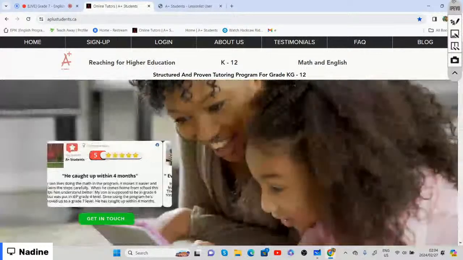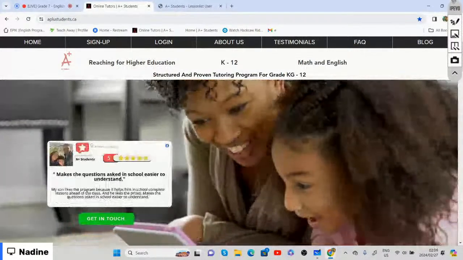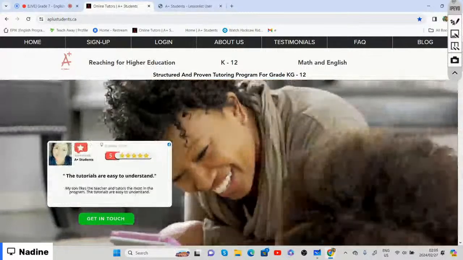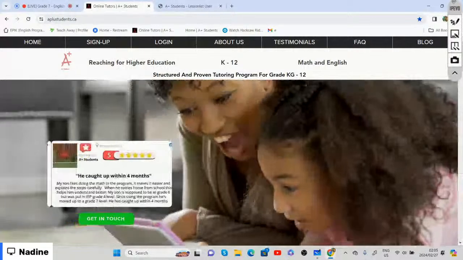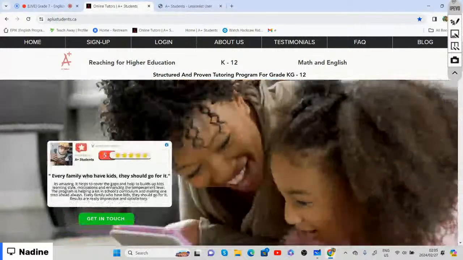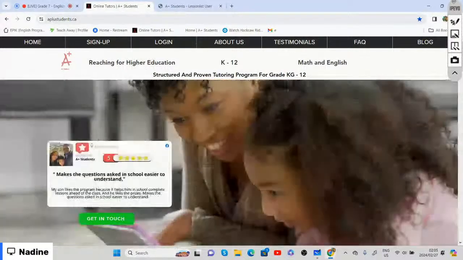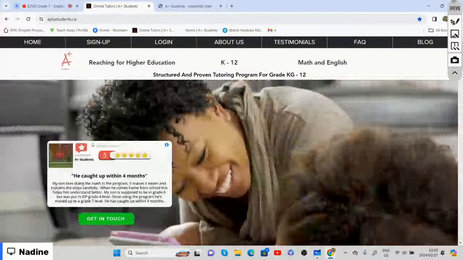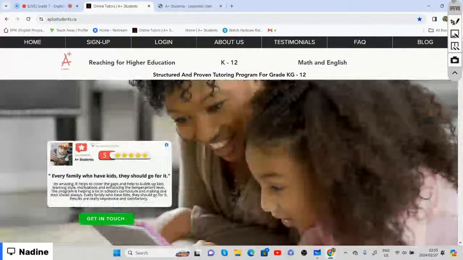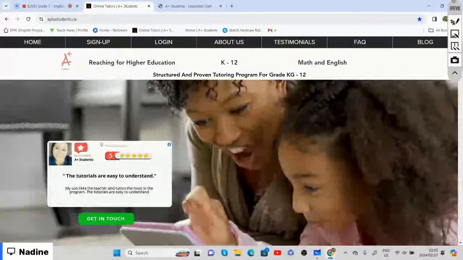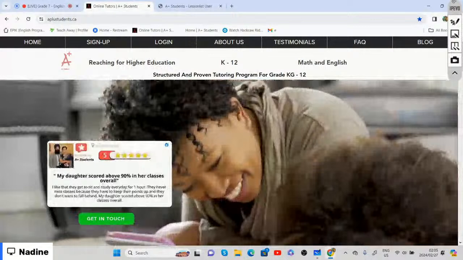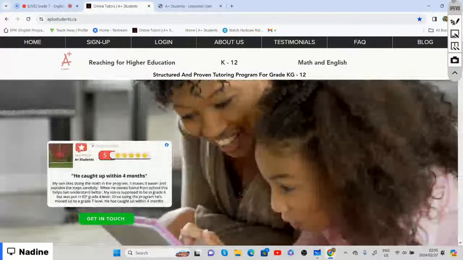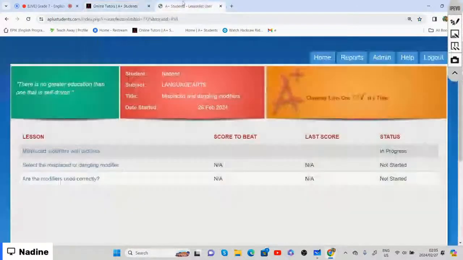Once we've logged in with our username as well as our password, we're going to select the subject of language arts, grade 7, and then scroll down until we get to our chapter of misplaced and dangling modifiers.